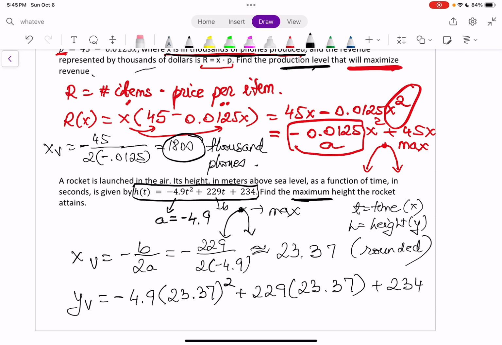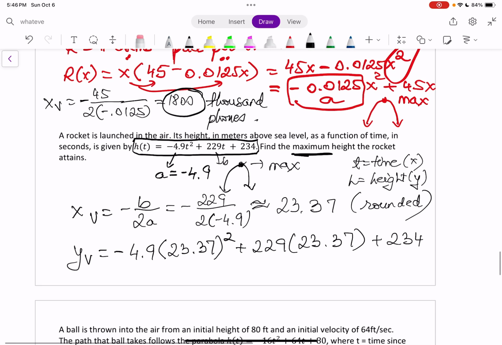So the maximum height of this rocket. So here it is, negative 4.9 times 23.37 times another 23.37 plus 229 times 23.37 and then plus 234.